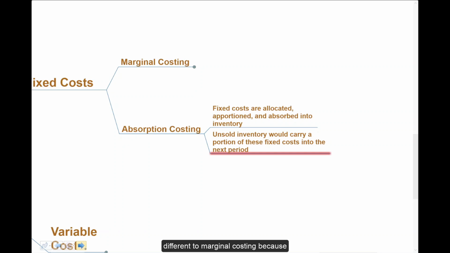Note how that's different to marginal costing, because fixed costs or period costs with marginal costing are expensed in that month. I'm not carrying them into the next month or the next quarter.